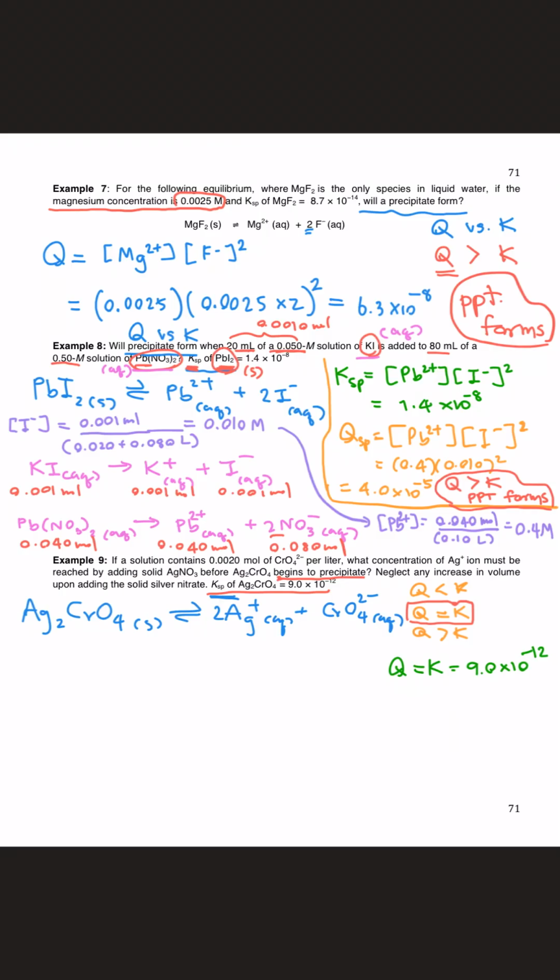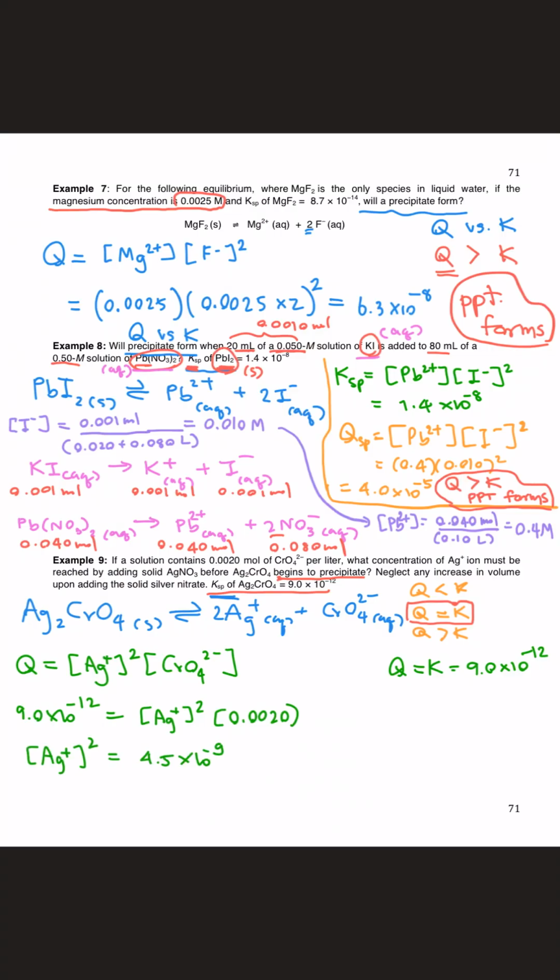Next, we are going to set up the Q expression and find the silver ion concentration. Plug in the Q value and also plug in the concentration of the chromate ion, then solve for the concentration of silver ion. Note that this 0.002 mole is per liter, therefore this number is the molarity. You will get the concentration of silver squared equal to 4.5 times 10 to negative 9.